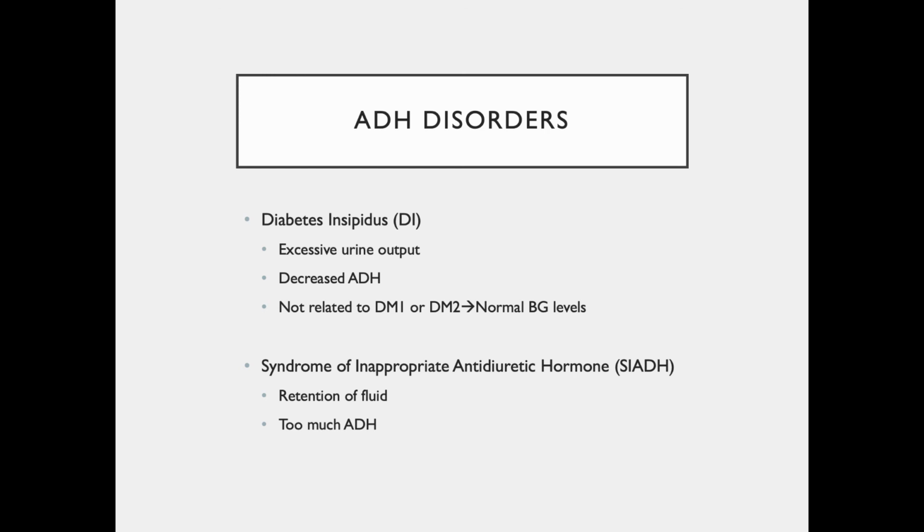This is an excessive amount of very dilute urine that gets put out when there's not enough ADH circulating to minimize those effects at the kidney. So urine just falls out. If you've ever seen somebody with DI, they are peeing constantly. It's a very pale urine and has a very, very low specific gravity because it's not concentrated.